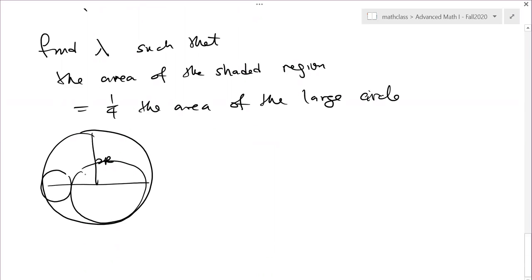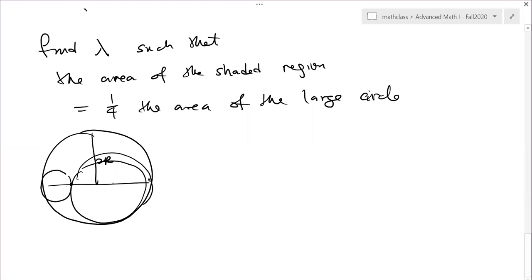These two circles are tangent to each other inside the square. So the ratio, okay, you may assume the circle has a fixed size, just 2, for example.